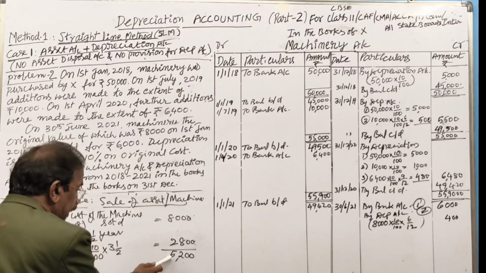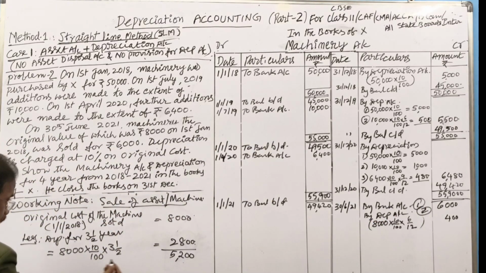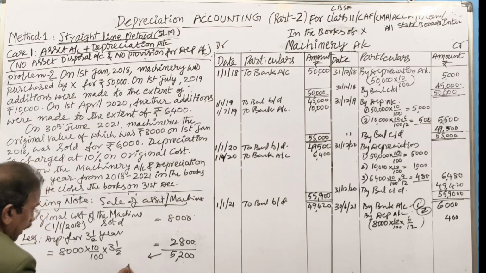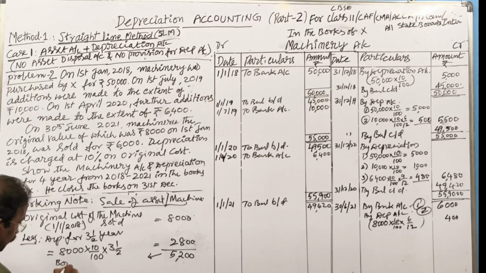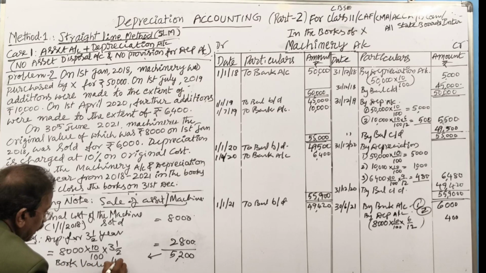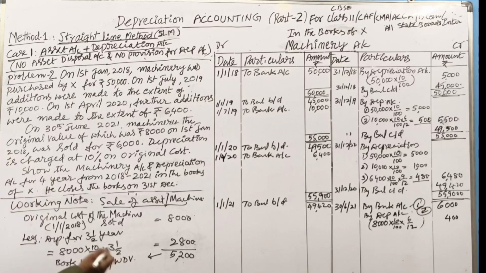It means we have received more than this amount. So here you have to write book value or written down value. You can use either of the words. This is called book value or written down value.